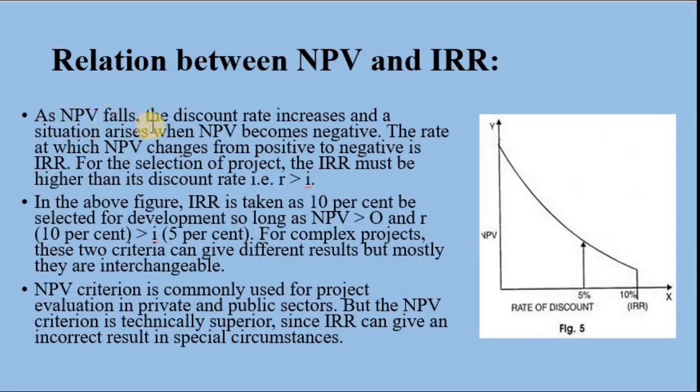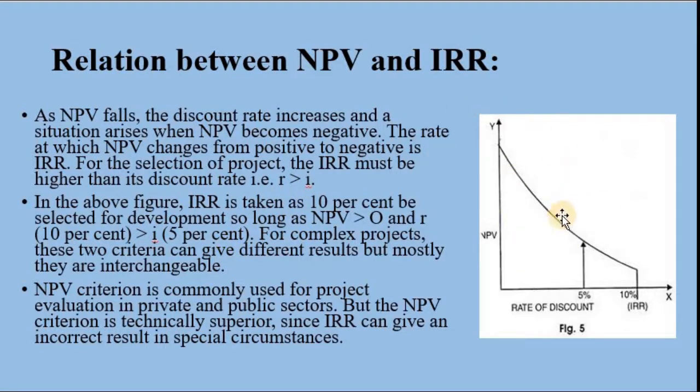As NPV falls, the discount rate increases. A situation arises when NPV becomes negative. The rate at which NPV changes from positive to negative is the IRR. For the project to be selected, the IRR must be higher than its discount rate. That is, R is greater than I.